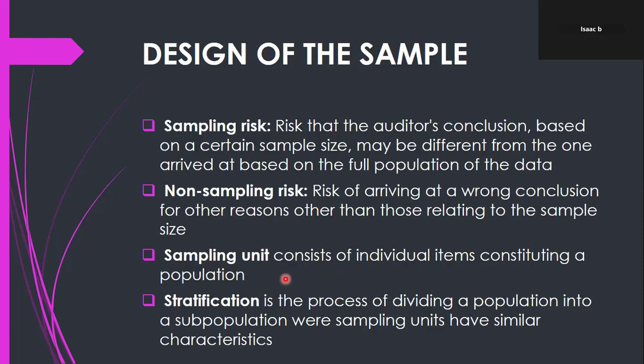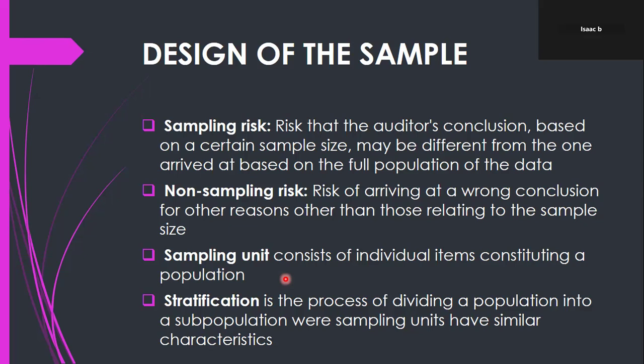Right. Then how do we design a sample? There's a few things that we need to know. We need to first be aware of sampling risk. What is sampling risk? Sampling risk is the risk that the auditor's conclusion based on a certain sample may be different from the one arrived at based on the full population of the data.